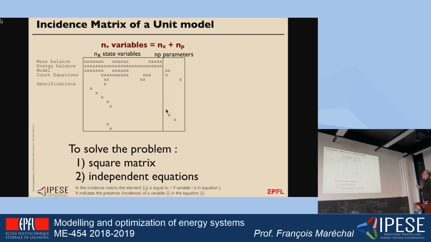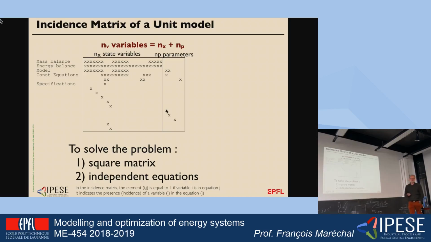Okay? And I will be able to solve the problem if the incidence matrix that combines the list of equations and the list of the specification is a square matrix. So it means that I have enough specifications to fix the degrees of freedom. And if all the equations are independent.